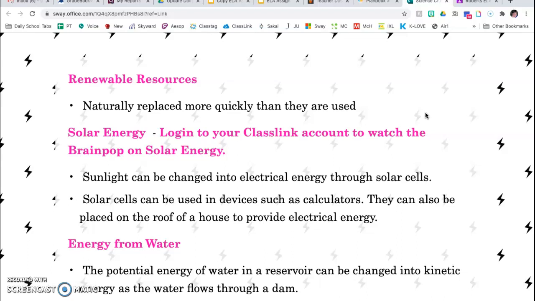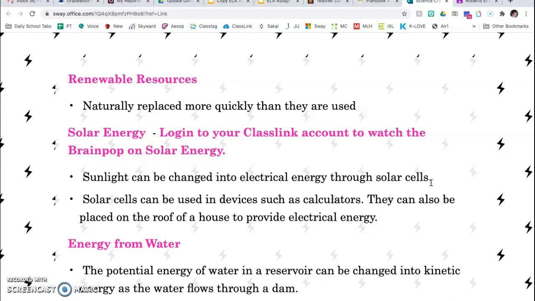Renewable are those that are naturally replaced more quickly than they are used. So an example of that would be solar energy. And you need to log into BrainPop and make sure that you watch the video and do the quiz on solar energy. Solar means sun. So sunlight can be changed into electrical energy through using solar cells.